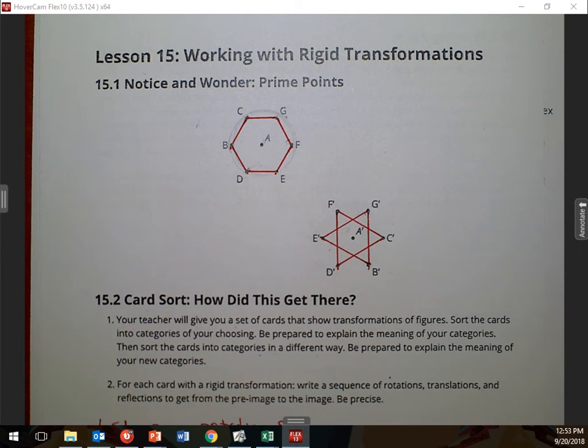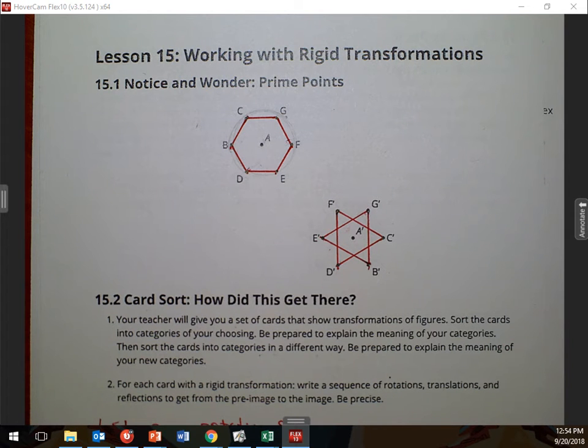Rigid means does not change shape or size.